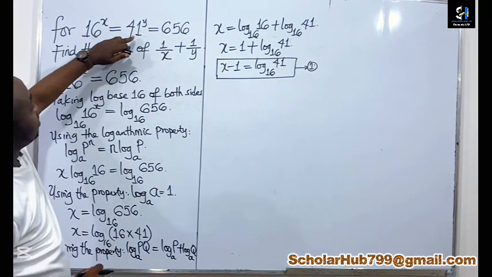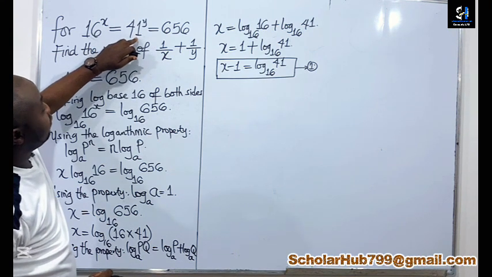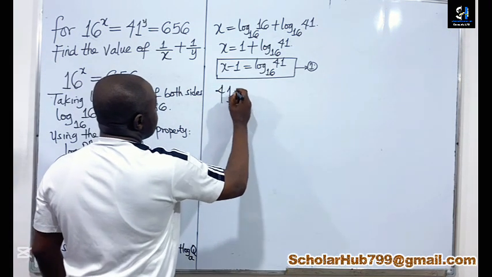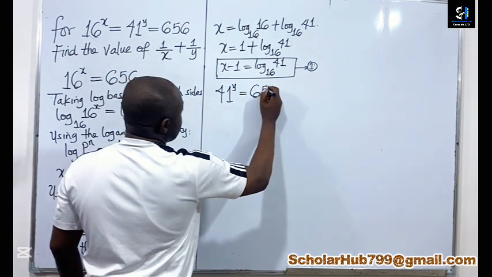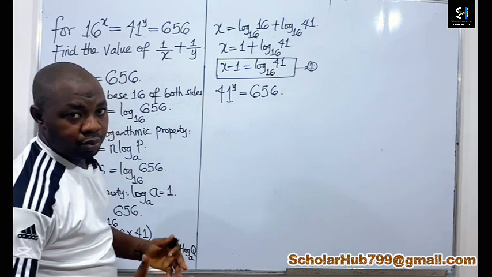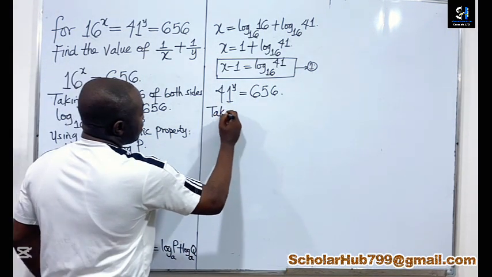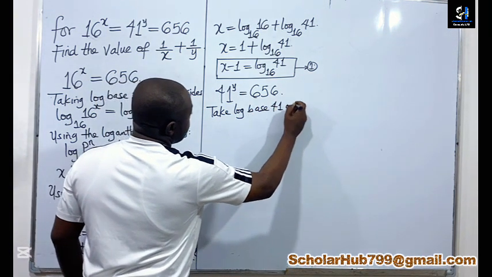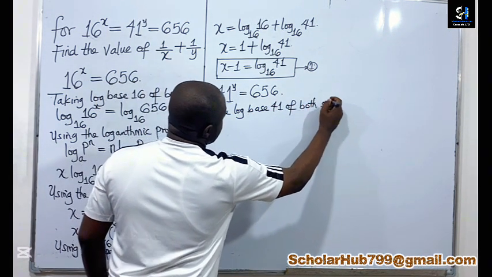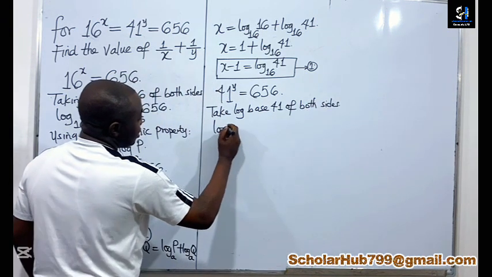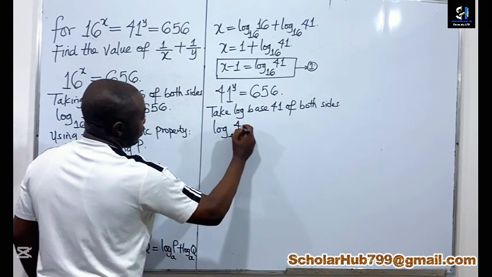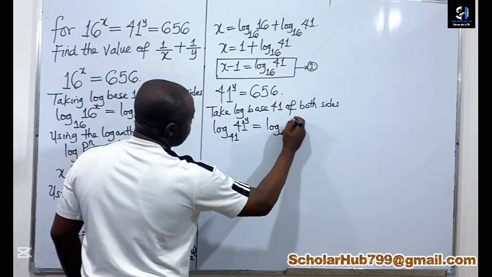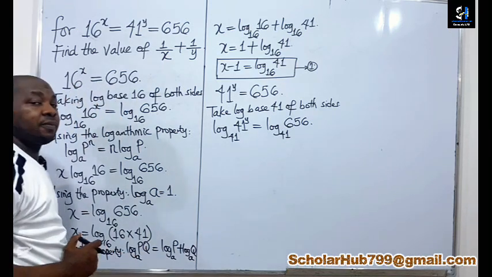Now again, I'll do the same thing by equating 41 raised to the y and 656. So 41 raised to the y equals 656. It's the same process. I'm going to take log base 41 of both sides, so this will be log base 41 of 41 raised to the y equals log base 41 of 656.